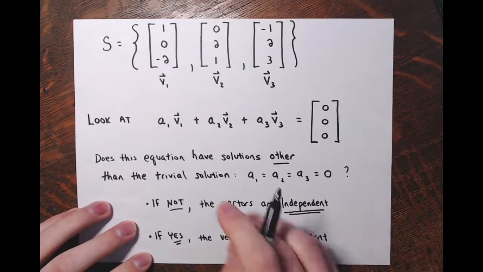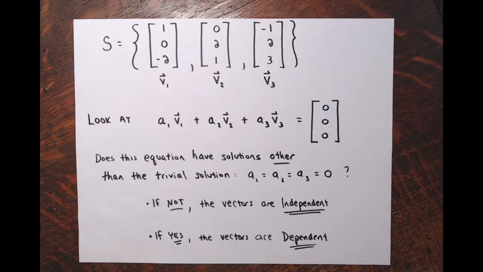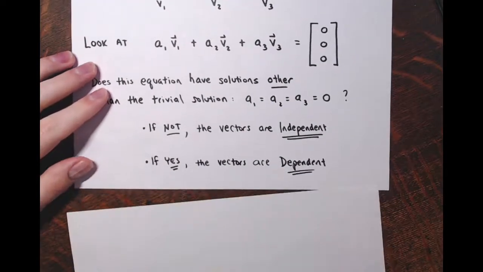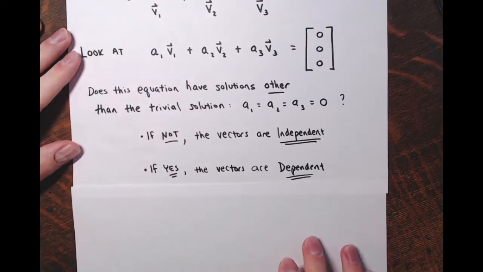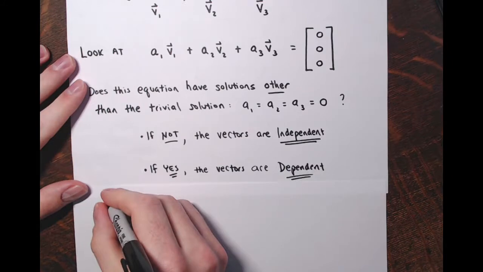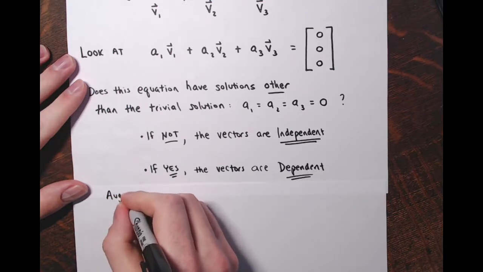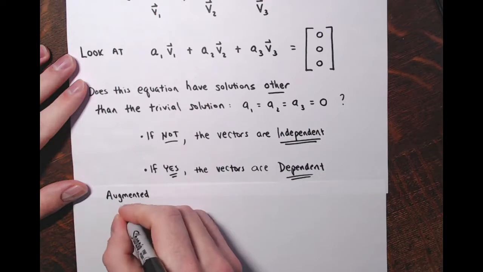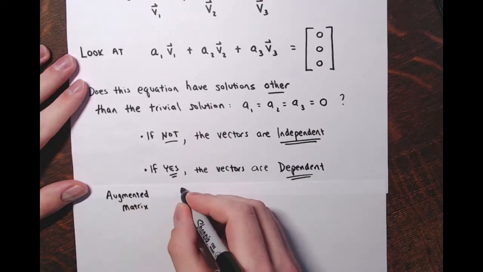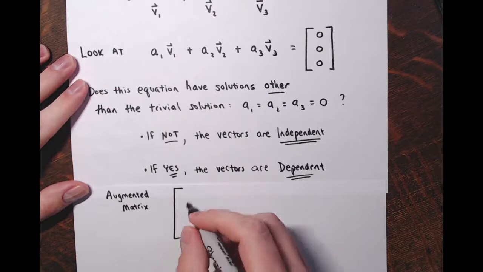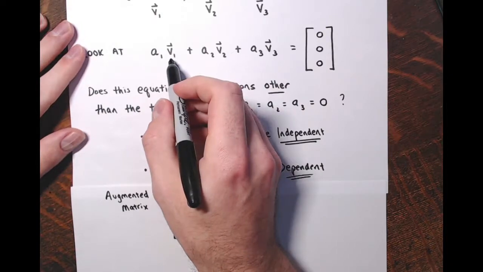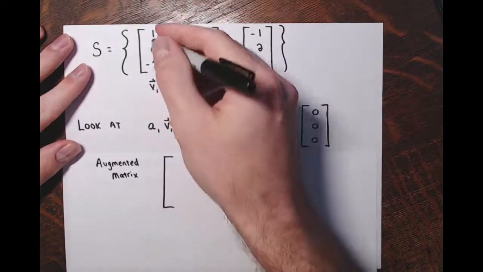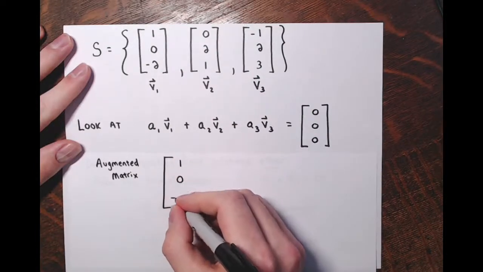All right, now you've already seen me write linear combinations as systems in section 5.2. So if we look at that equation here, a1 v1 plus a2 v2 plus a3 v3, this will be the augmented matrix for that system. Down the first column will be the coefficients of a1, which are just the components of vector v1, so 1, 0, -2.